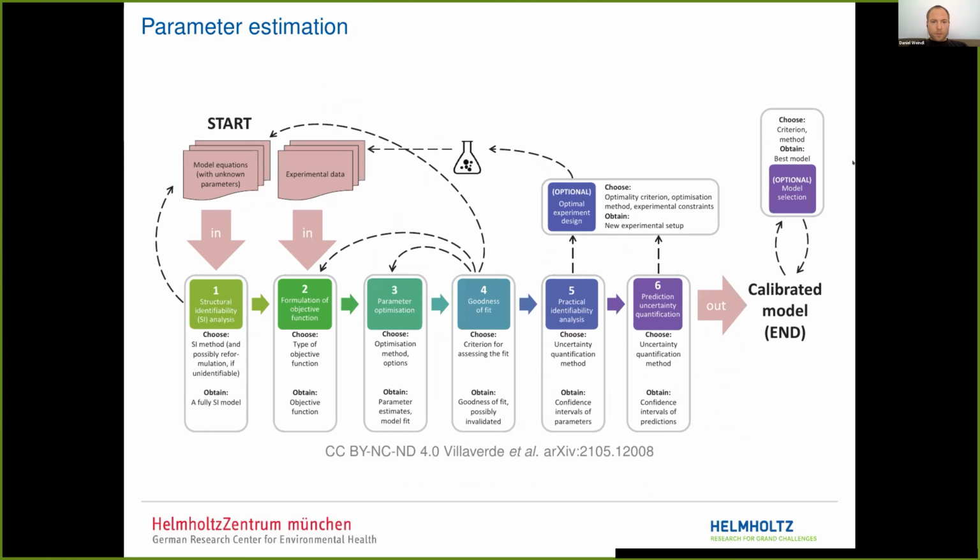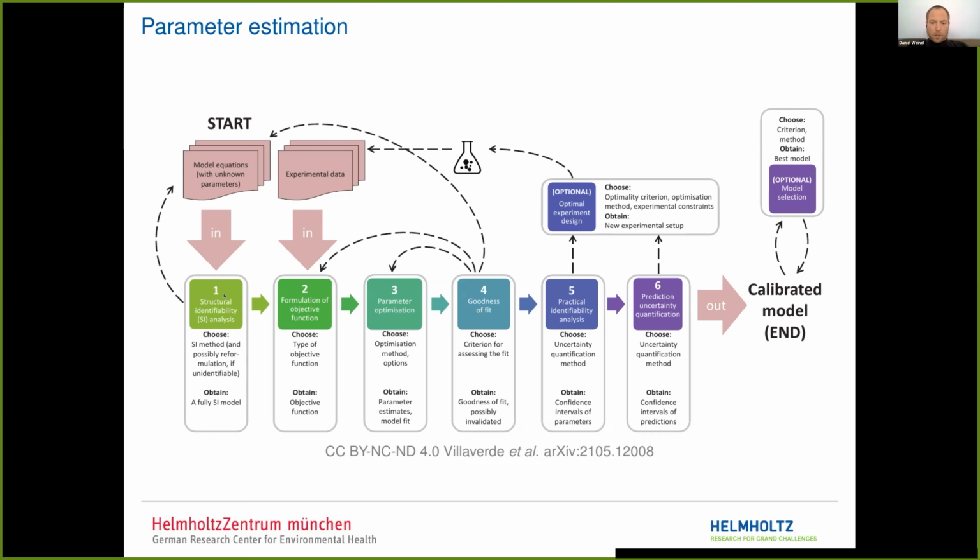This process often looks as shown here. So we do have some model in terms of, for example, differential equations, but it can also be some kind of other modeling framework. And then we do have some experimental data from which we want to infer parameters.